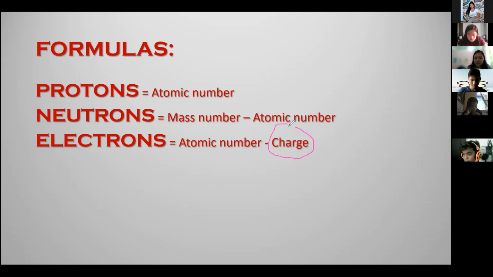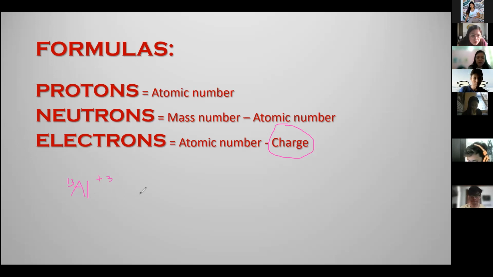Let's focus first on the charge before we proceed, for clarity on the table given. If we have an ion, let's say a positively charged cation, in this case there are going to be 3 more protons than electrons.